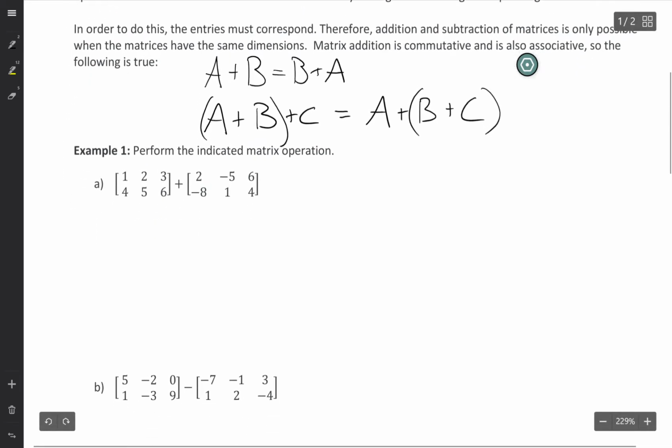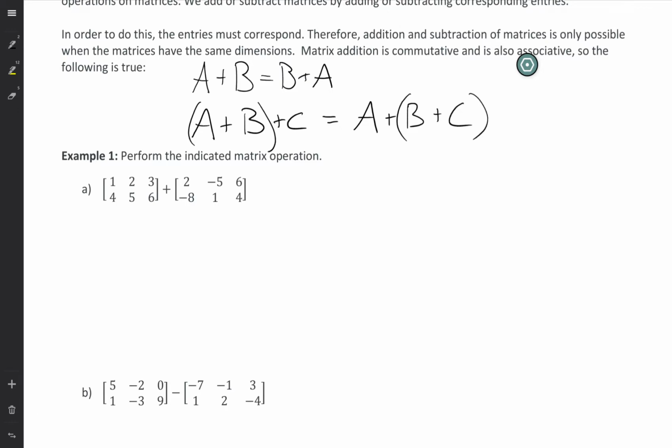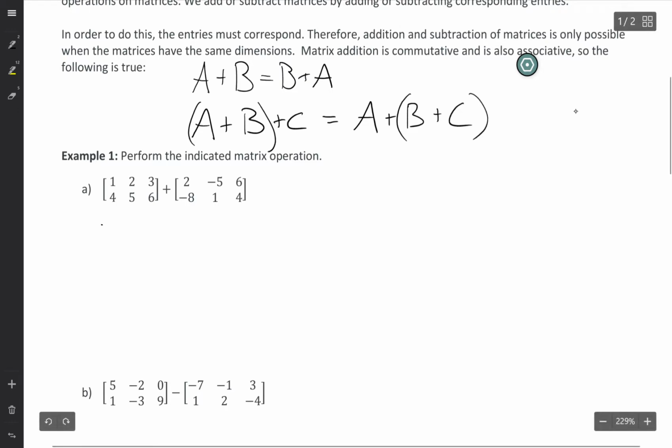So let's practice doing these things. This is addition, so all you have to do is add each entry. For the first one, it's 1 plus 2. The second entry is 2 plus negative 5. The third entry is 3 plus 6.